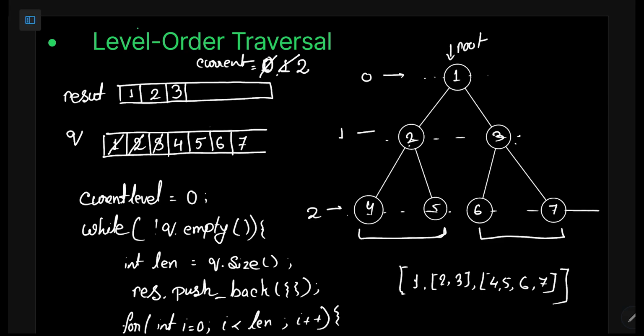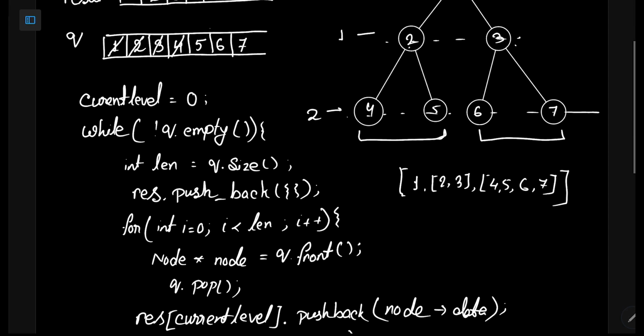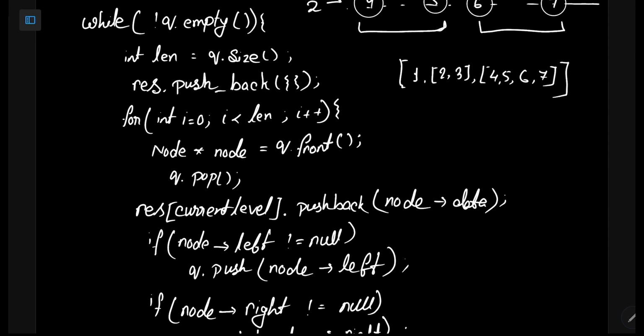Then 4 will be stored and popped out, and it will check according to the pseudocode. First it is stored in the result. Then it will check if the node's left is not equal to null. But here the node's left is null, so it will do nothing. Also the node's right is null, so it will do nothing.